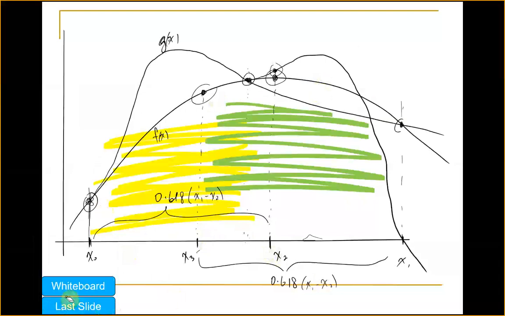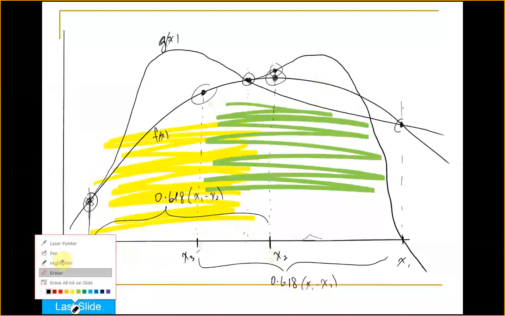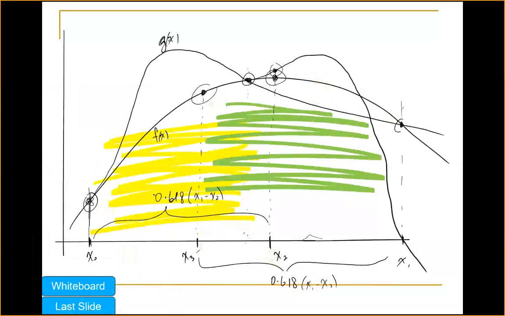Let me just confirm it. So the distance from here to here is 61.8% of from here to here.